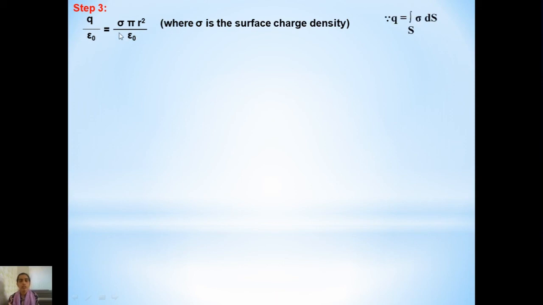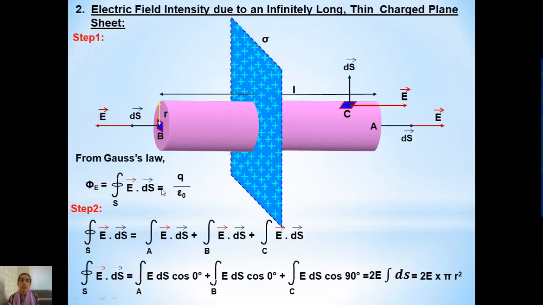So substituting this total charge and the total electric flux, in the fourth step what we have to do is substitute the two values in the Gauss law. So in the Gauss law, in place of electric flux we should substitute 2E into pi r square.